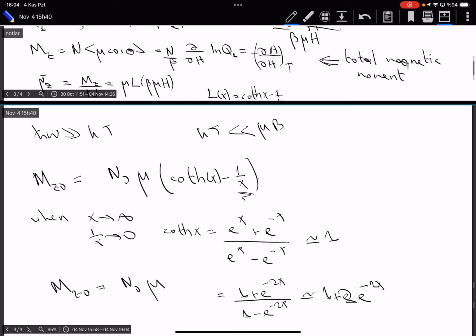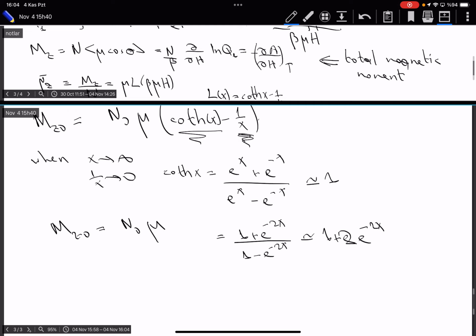The contribution from the coth will be exponentially small for large x, but the contribution from 1 over x will be just polynomially small. So that will be the first correction at small temperatures.